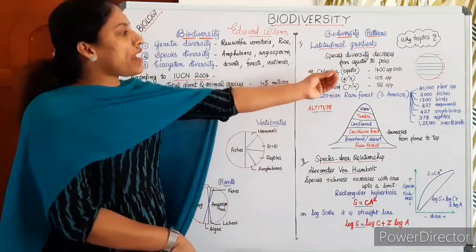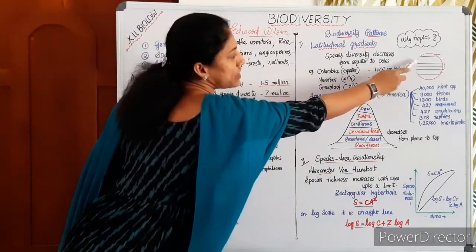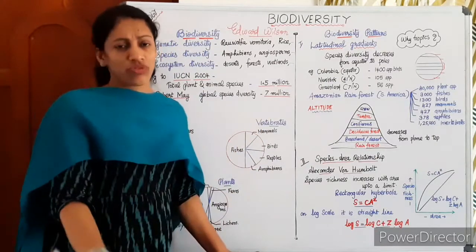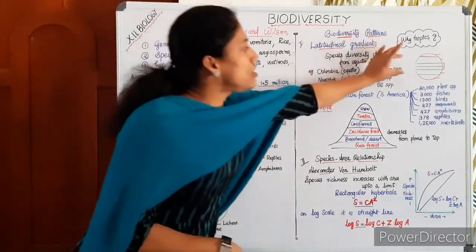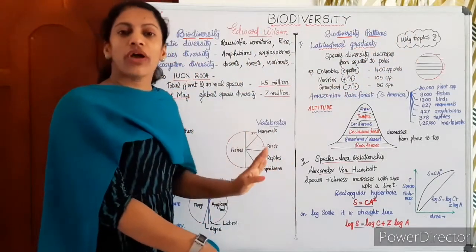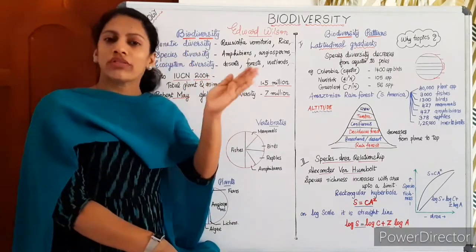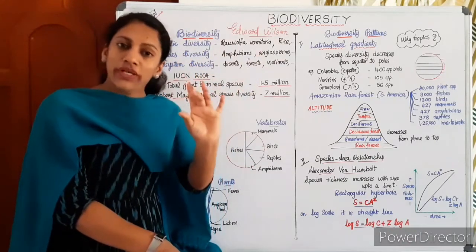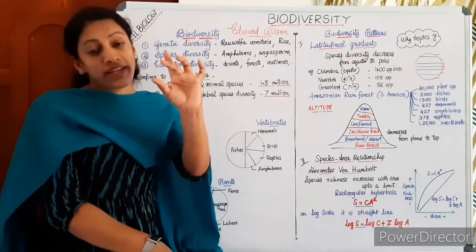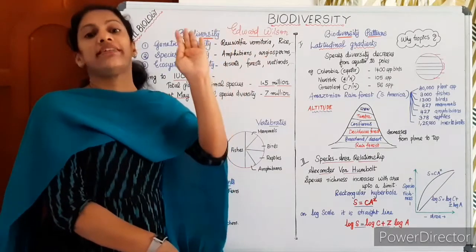When we speak about the latitude, the equator region, the tropics near the equator, up to 23.5 degrees north and south, enjoy maximum biodiversity. From the tropics to the poles, both sides, through the temperate region and polar region, as we move, the biodiversity decreases.